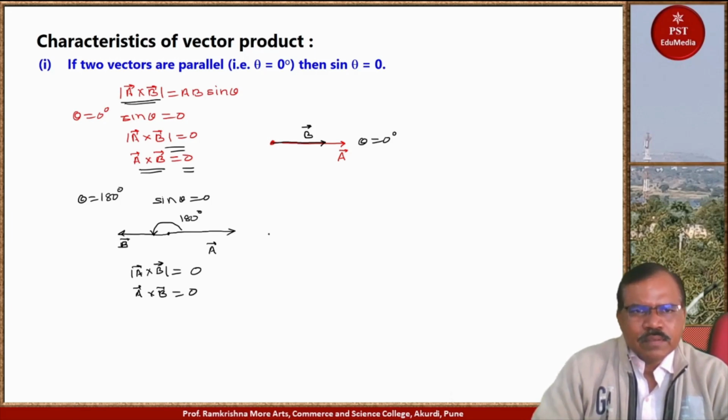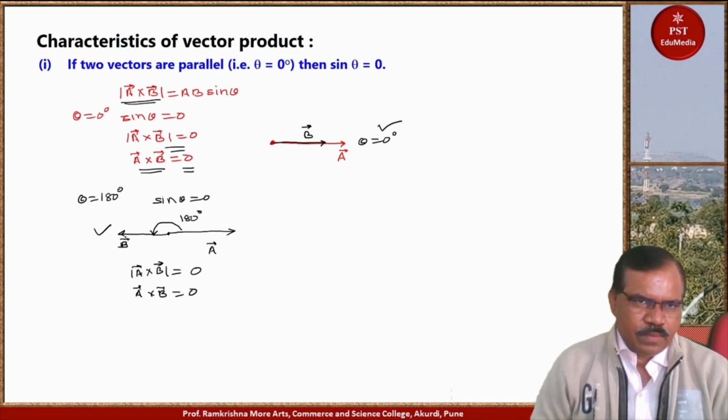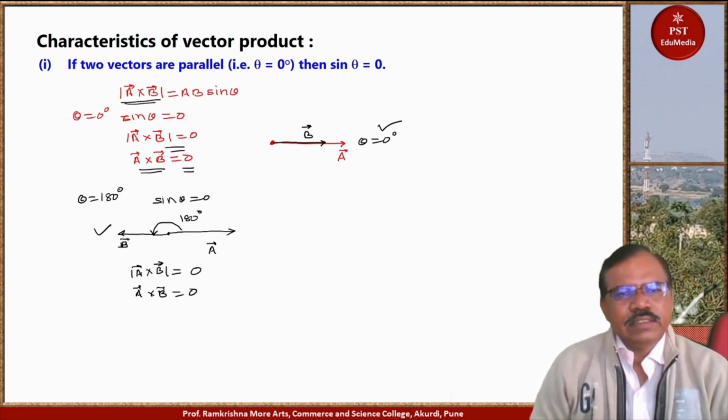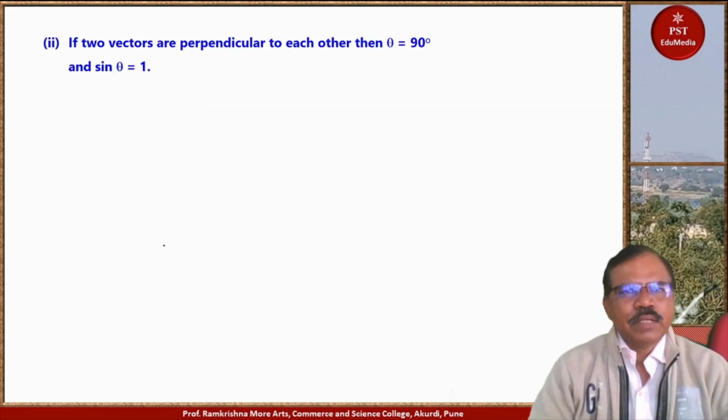So what happens here? For 0 degree it is 0, for 180 degree it is again 0. But suppose two vectors are perpendicular to each other.